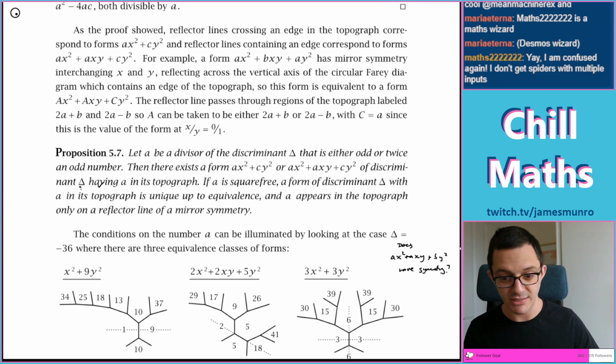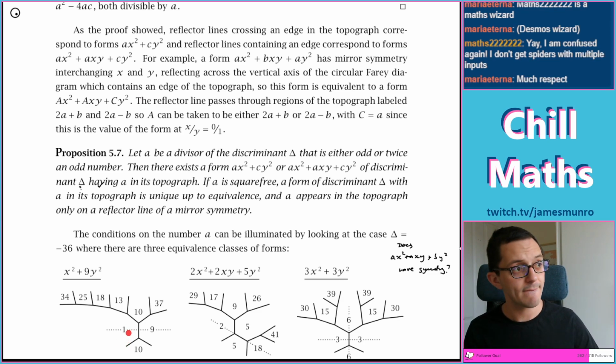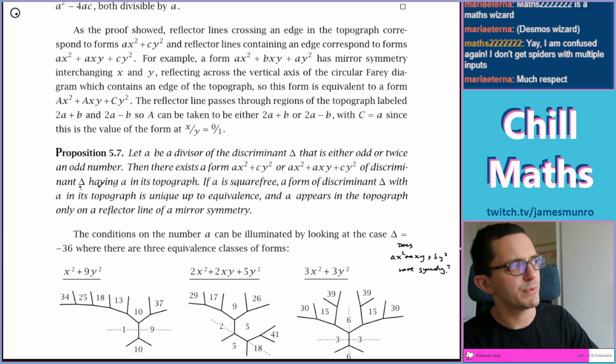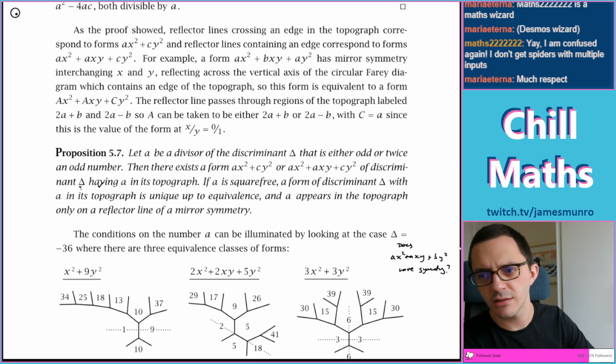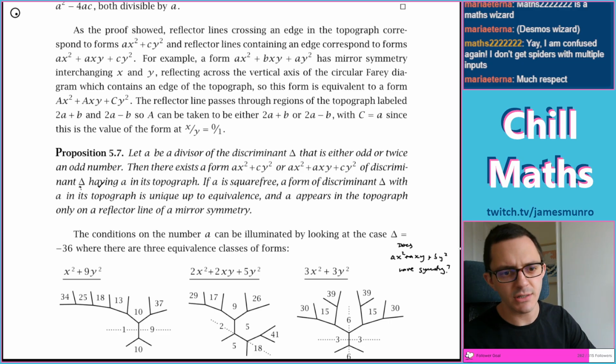So if I'm looking for factors of 36 in these pictures, factors of delta correspond to h equals 0. Up to, there's a factor of 4 in there, but I think we're looking at odd or twice an odd for some reason. So where be when h is 0, which is then a reflector line?